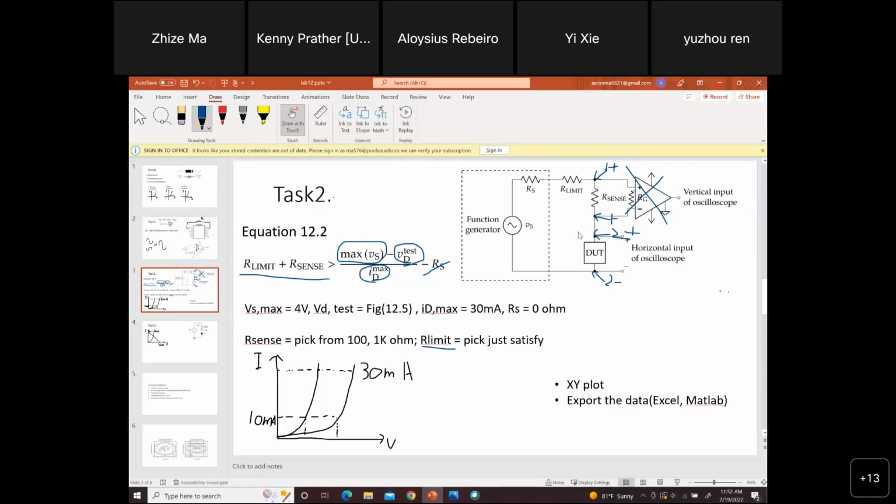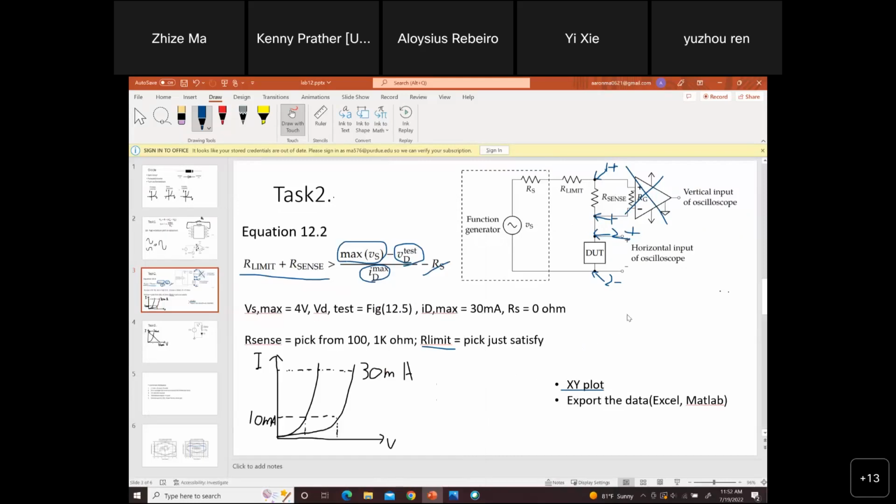There is a question about what the horizontal and vertical input of the oscilloscope mean. The horizontal is just the XY plot. After you get this circuit working, you are going to use the XY plot.